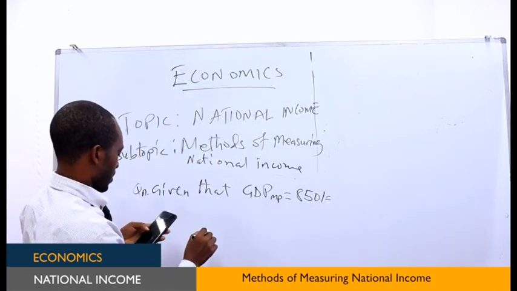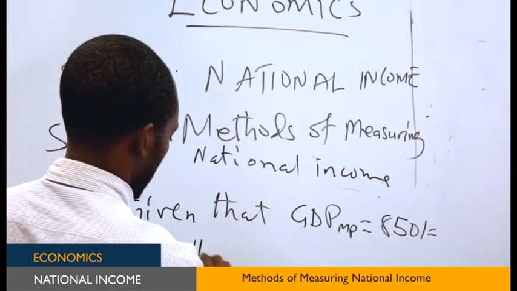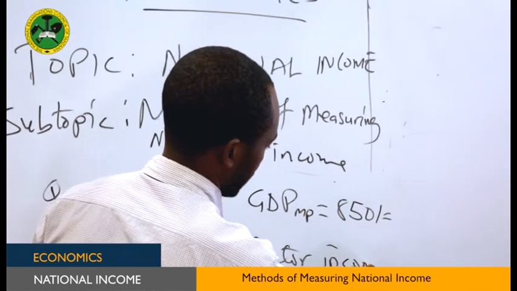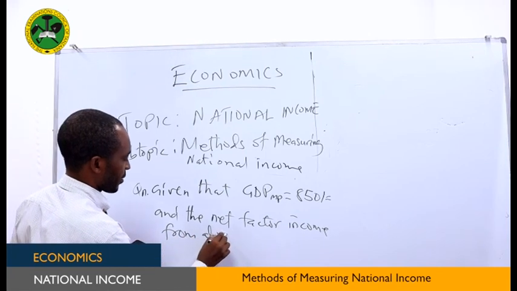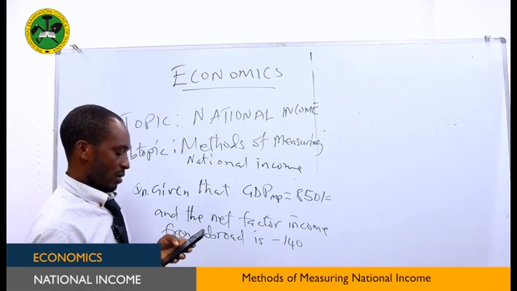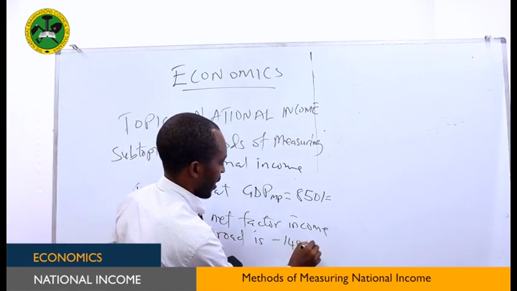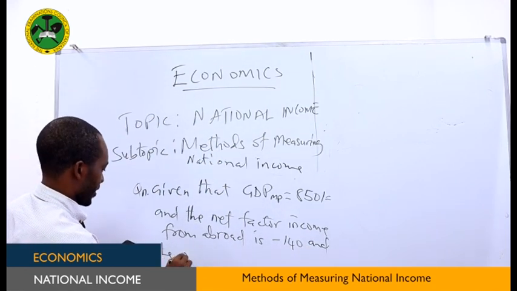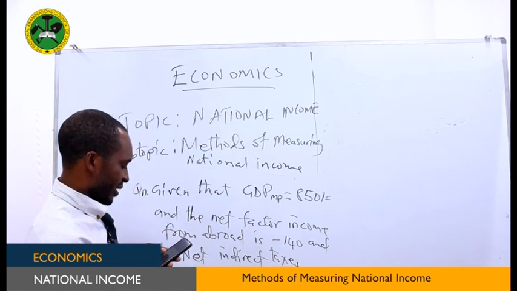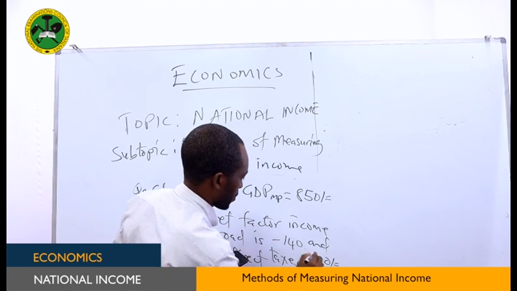and the net factor income from abroad is negative 140, and the net indirect taxes is equal to 20.